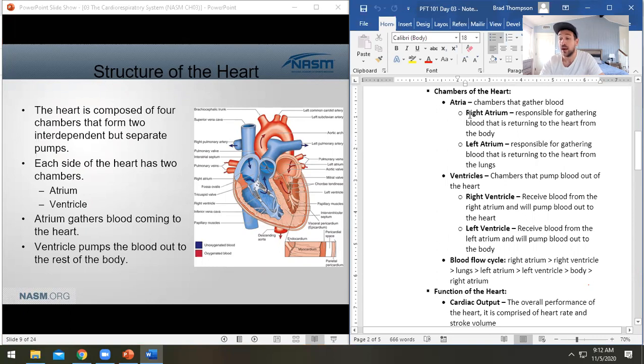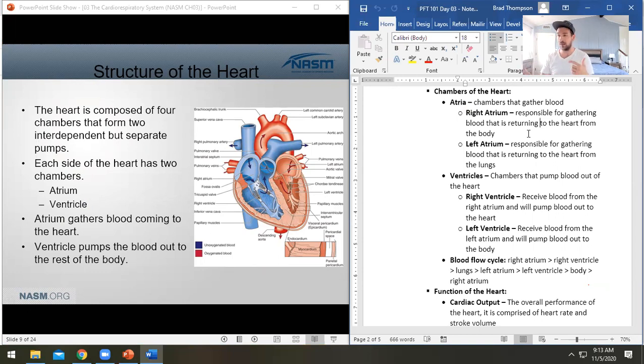And like I said, the right atrium is responsible for gathering blood that is returning to the heart from the body. Remember, blood's job is to get down to your glutes while you're doing squats, deliver some oxygen, then pick up some CO2 and travel back to the heart so it can drop off that CO2 in the lungs and pick up more oxygen.